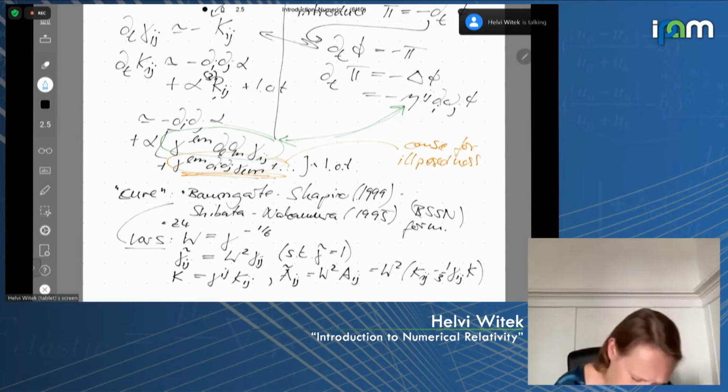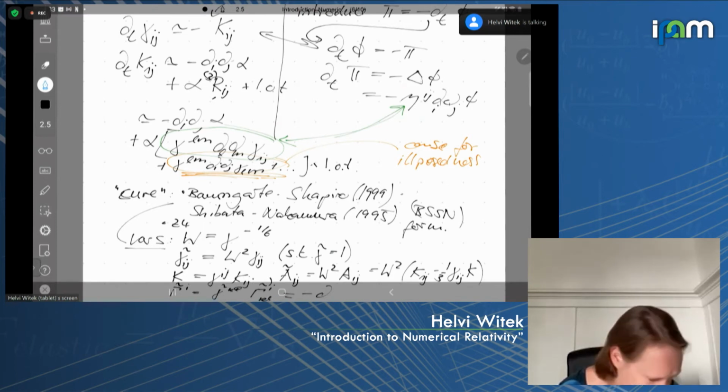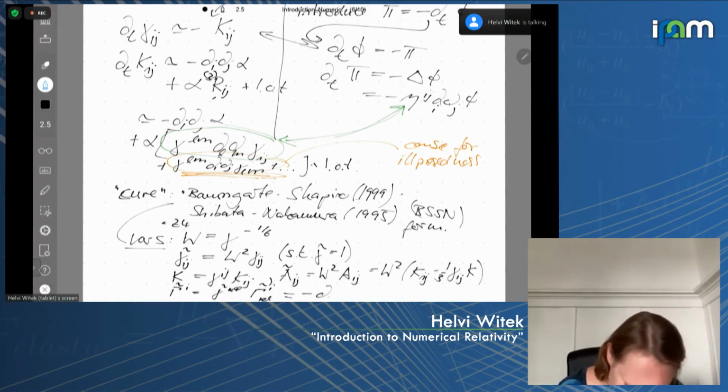And then we have a function that's called the conformal connection function, gamma tilde i, which is a contraction of the Christoffel symbol for the conformal metric, and with the determinant of the conformal metric being 1, this can actually also be written as a divergence of our 3-metric here.